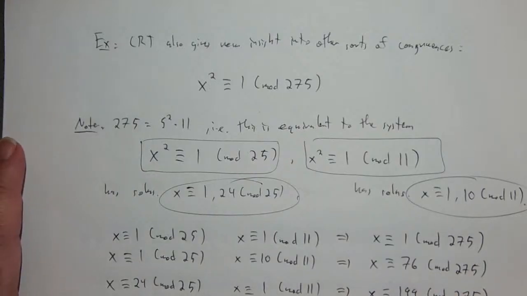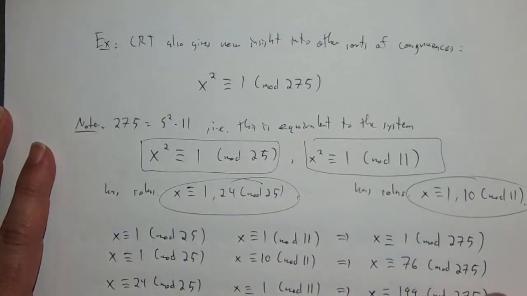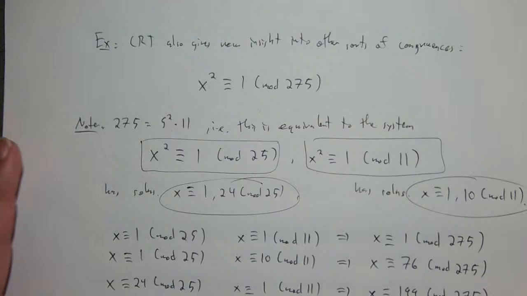So how does this combine? You get x congruent to 274 mod 275. Thus, the solutions are 1, 76, 199, and 274 mod 275.